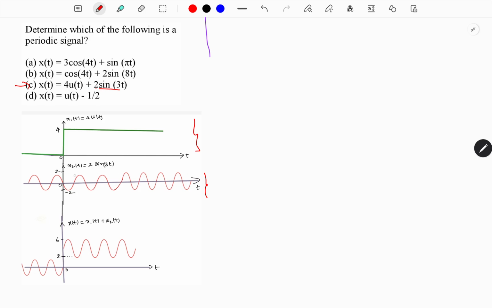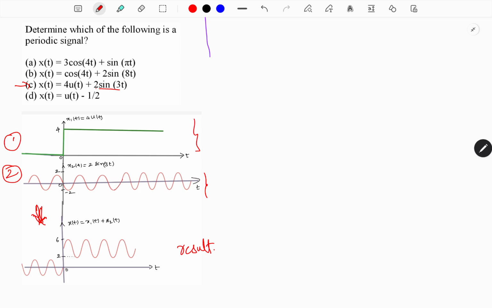Now we are adding these two. By combining the unit step function with the sine function, the result will come like this, as shown in the figure. Function means signal, the resultant signal.